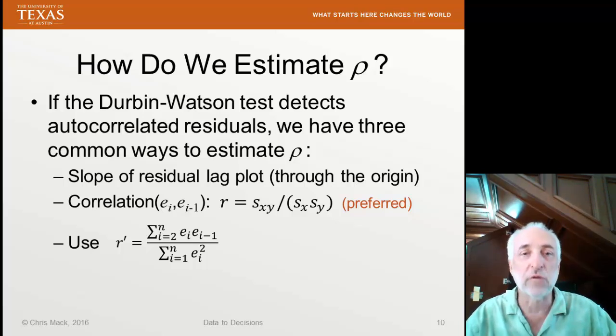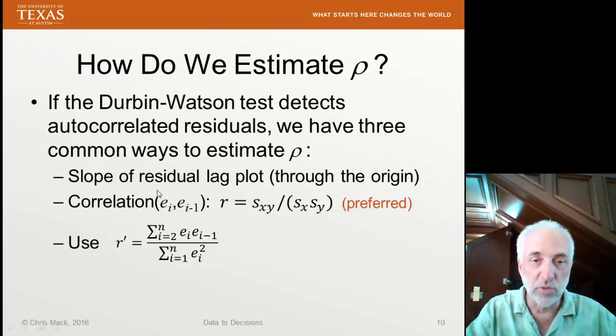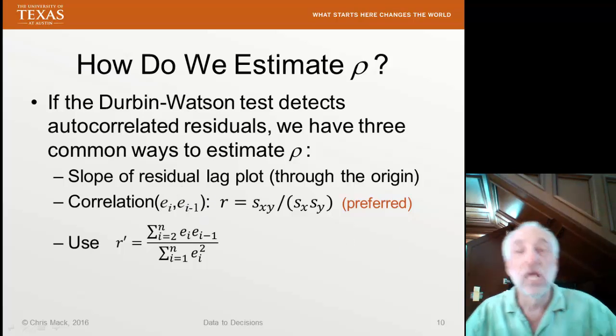So we run our regression, forcing the intercept to be 0, and then we grab the slope out of that. The other thing we could do is calculate the correlation coefficient between the residual and the lagged residual. That is, the correlation between these residuals and residuals lagged by 1. This is the preferred approach. And this is the approach we'll use in this class.